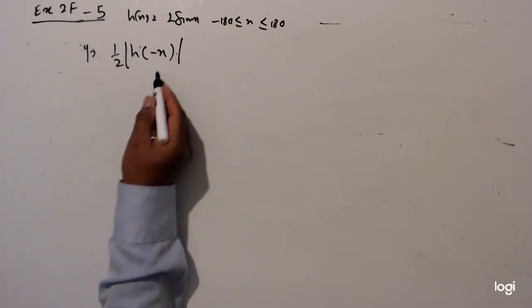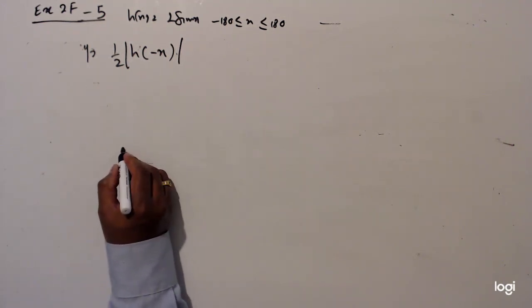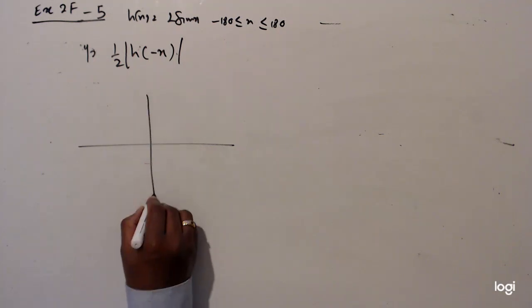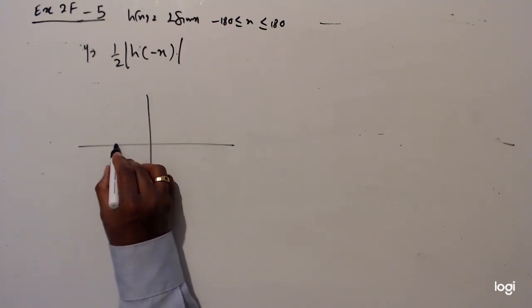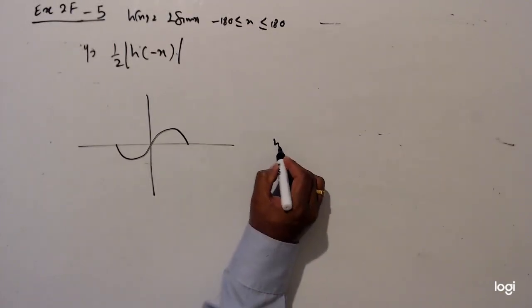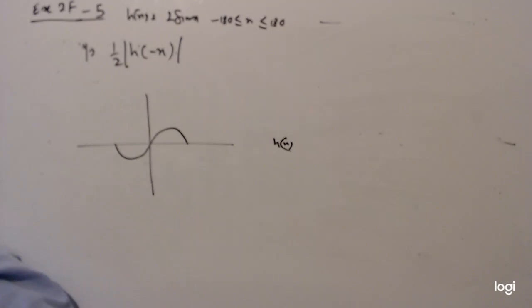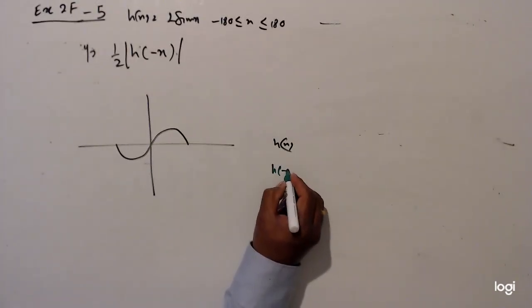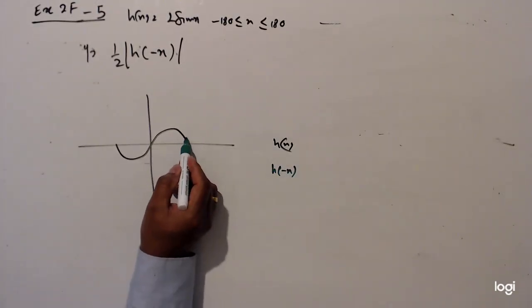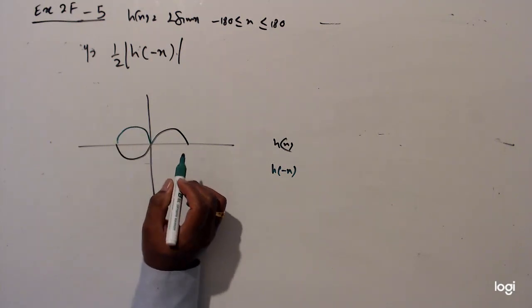Now this graph, what is happening here, as we discussed. This is the graph, the h(x) graph. Then h(minus x) is the mirror reflection. The mirror reflection of this part is going to be like this.